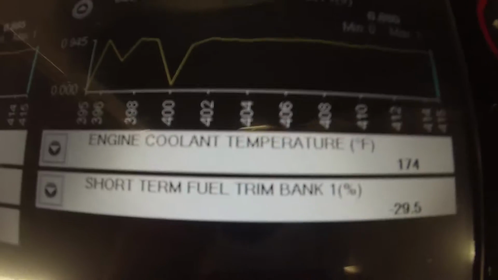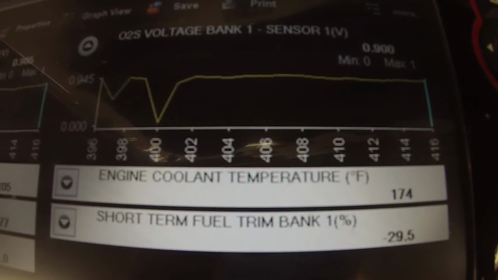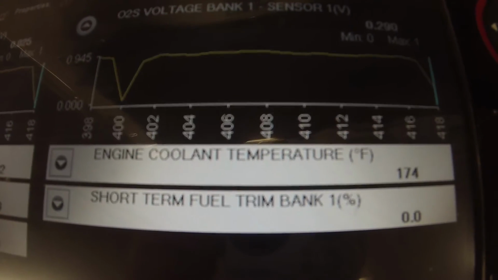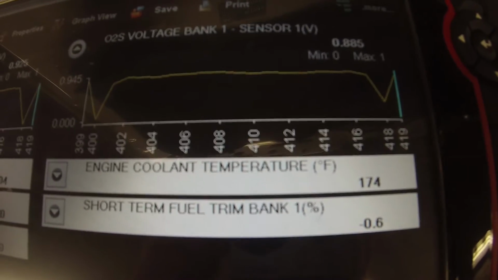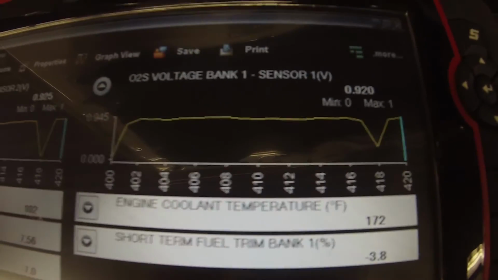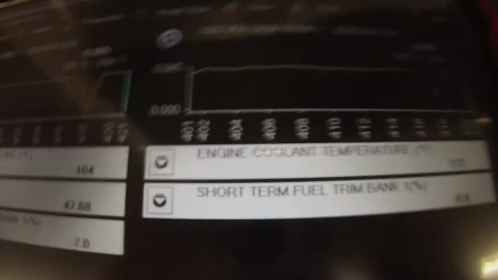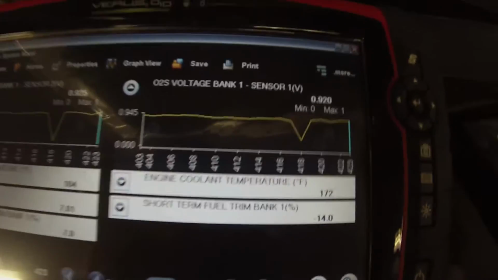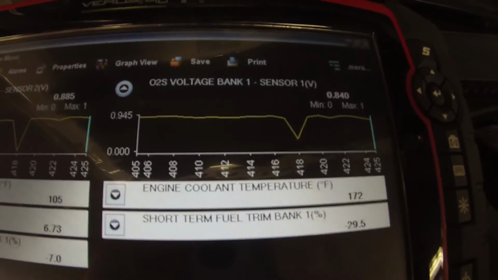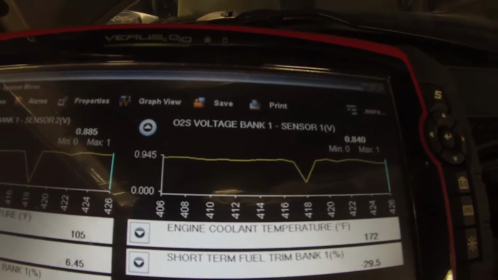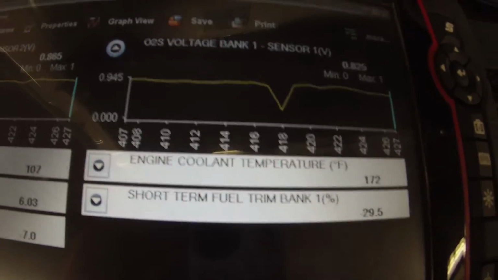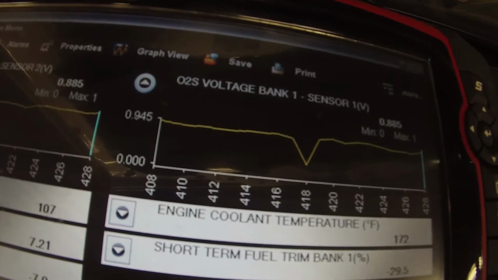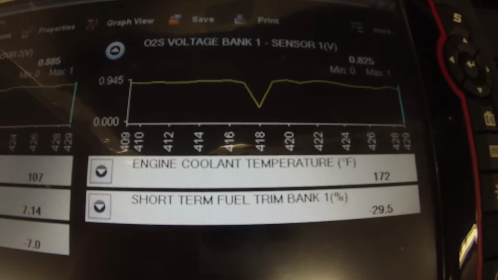Let's give this a couple revs again. Still can't get this thing to act up now. I mean, my vacuum line off again.